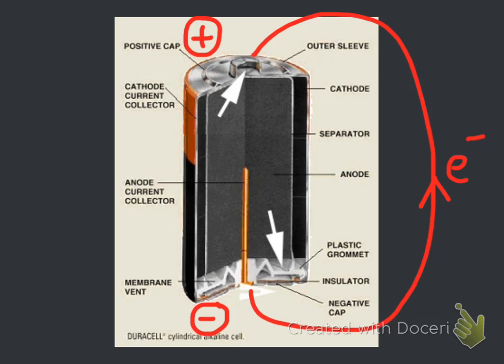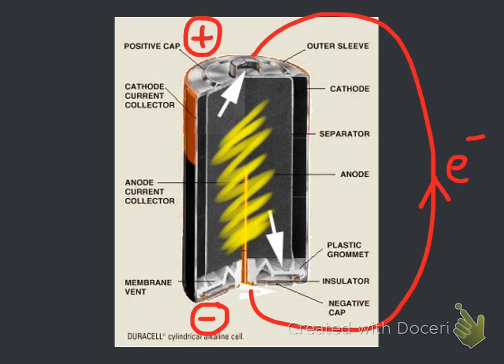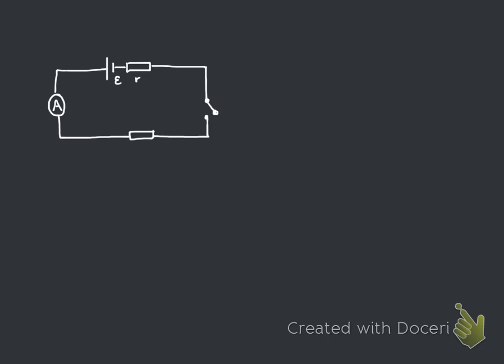And if we had to connect those up with a piece of wire, then electron flow would be from negative round to positive. But that area inside the battery that contains the particular chemicals that cause the redox reaction, within that area we have a flow of ions. And as those ions and electrons move through, there is some resistance to their movement, and that's the internal resistance of a cell that we are now dealing with.